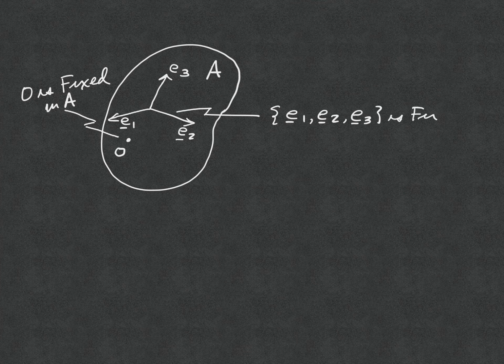Now once we have that information, we can describe any point measured relative to O, because O is the point from which we're measuring distances. And we can describe it in the basis that I've provided. Now, it's really important to understand that O, together with this basis E1, E2, E3, is the coordinate system.